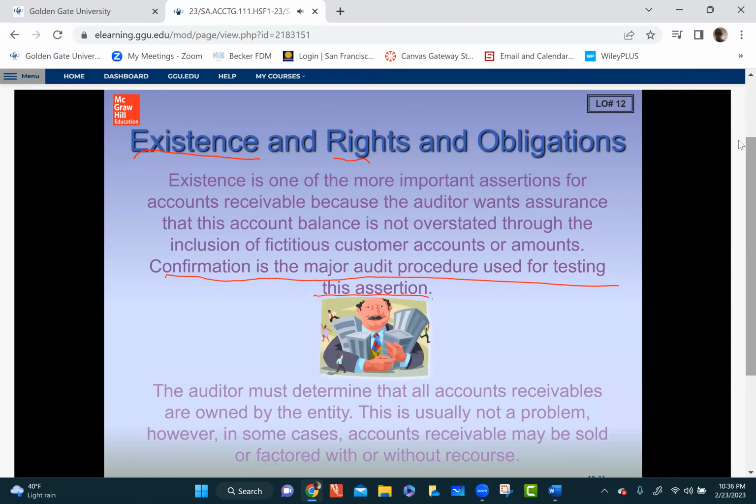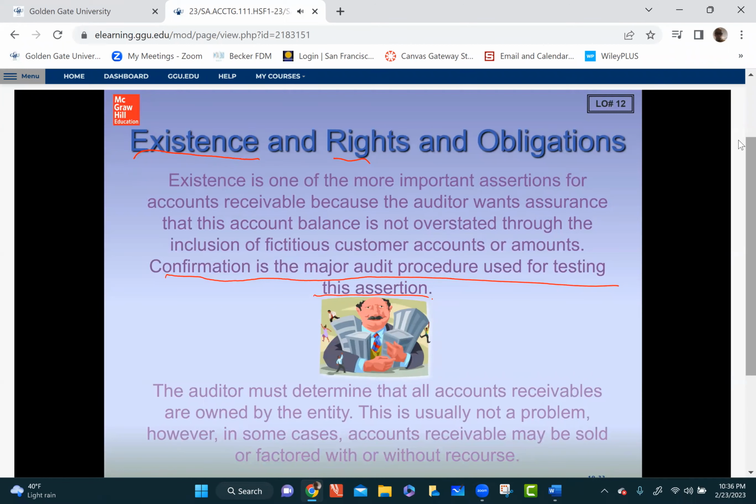So we have what? We have external evidence. We're pulling the account receivable balance for the various customers in our sample from the client's subsidiary ledgers, sending those out and getting that information directly back. That is the best way to test the existence assertion.